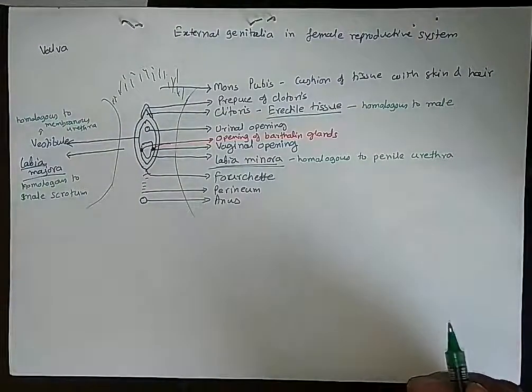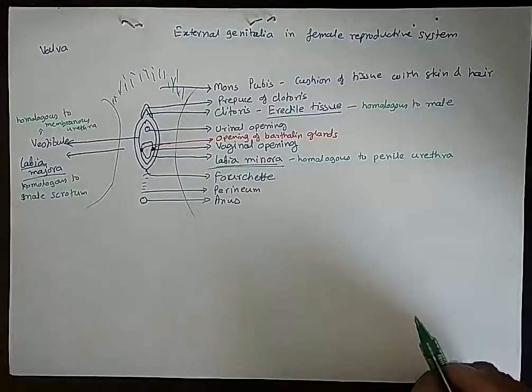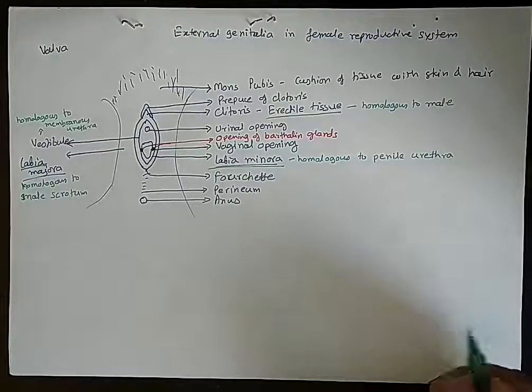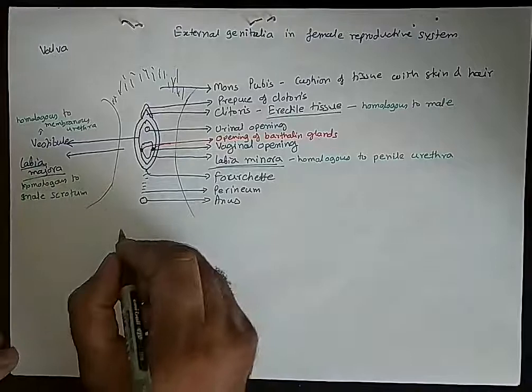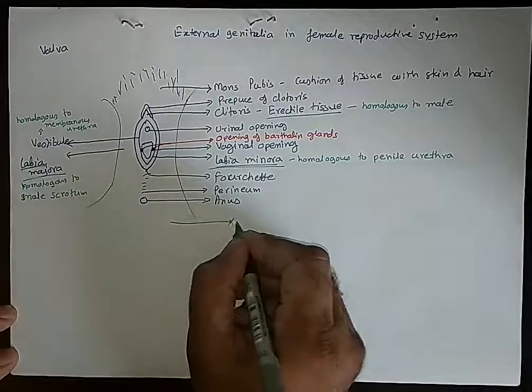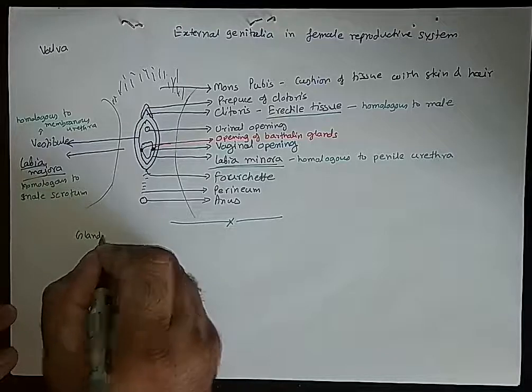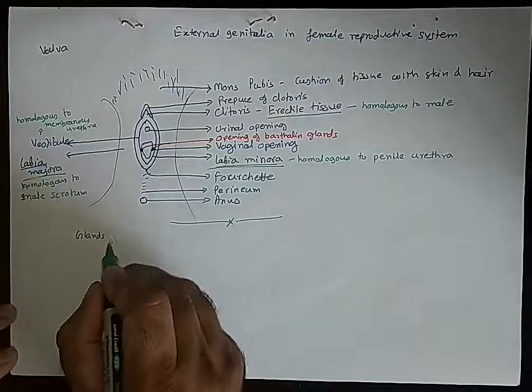Now we will see glands in the female reproductive system. There are two glands present in female genitalia.